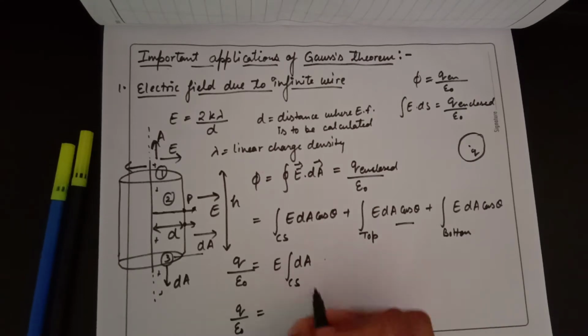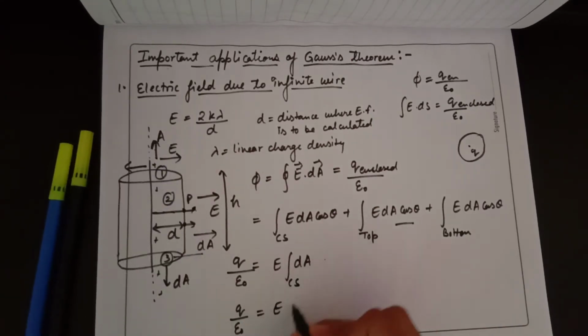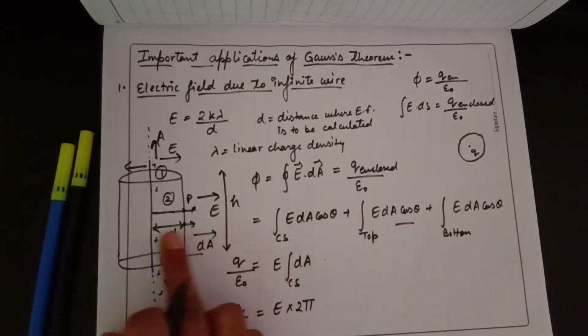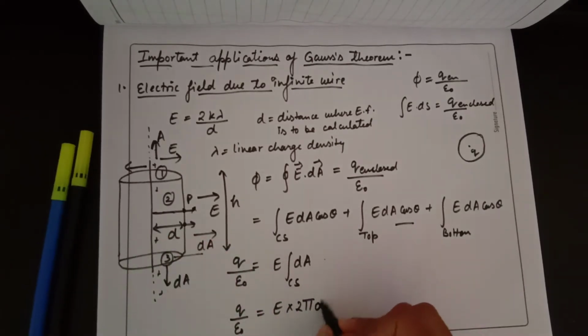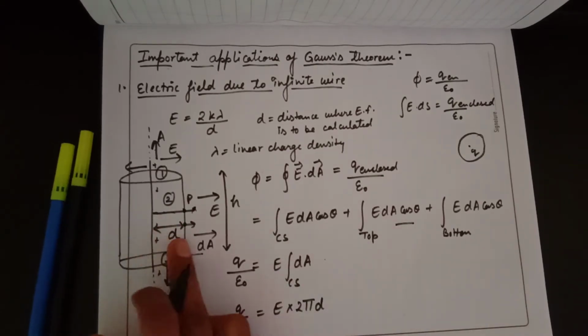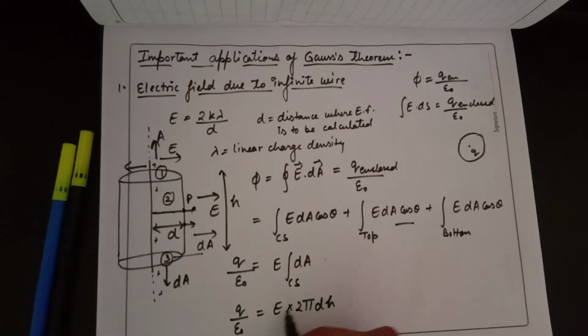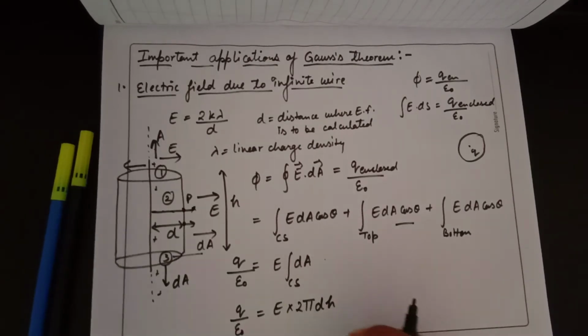Q upon epsilon naught is equal to E, and the area of the curved surface is given by 2 pi R h. What is R here? We will write D in the place of R, as you can see from the figure. So I get 2 pi D h here.